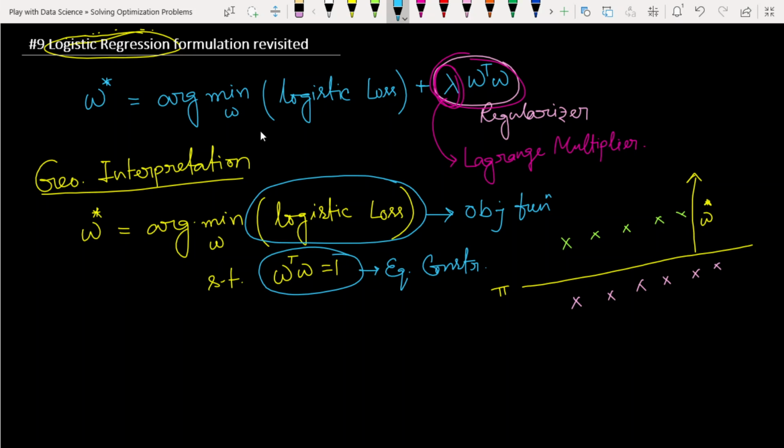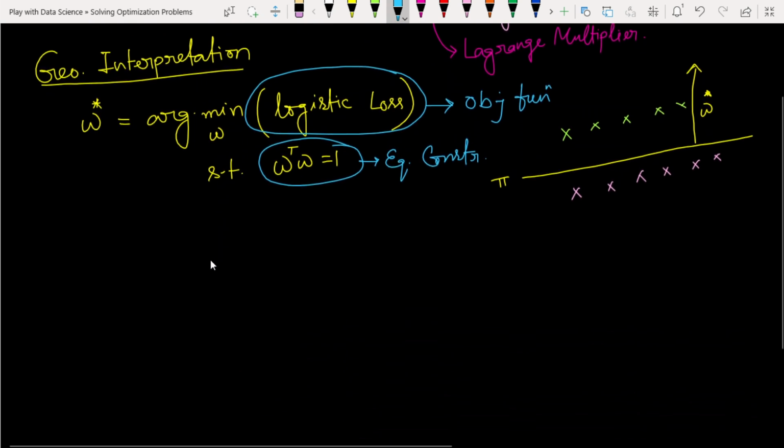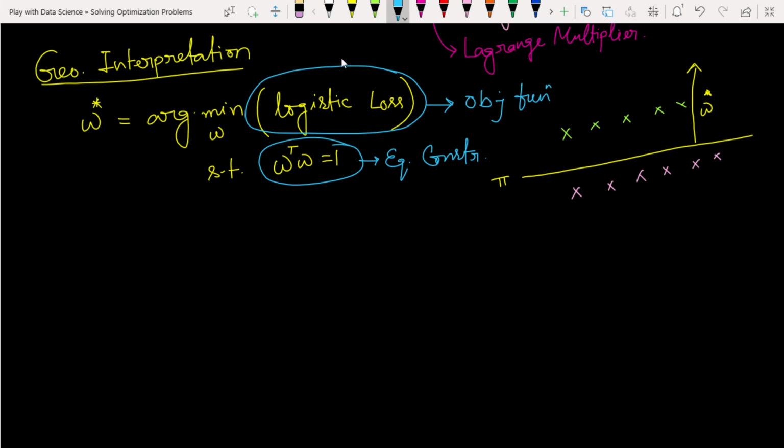In logistic regression, one equation is our regularizer form, and from the geometrical interpretation perspective, the other equation comes as a constrained optimization problem. So now we apply the Lagrangian multiplier here.